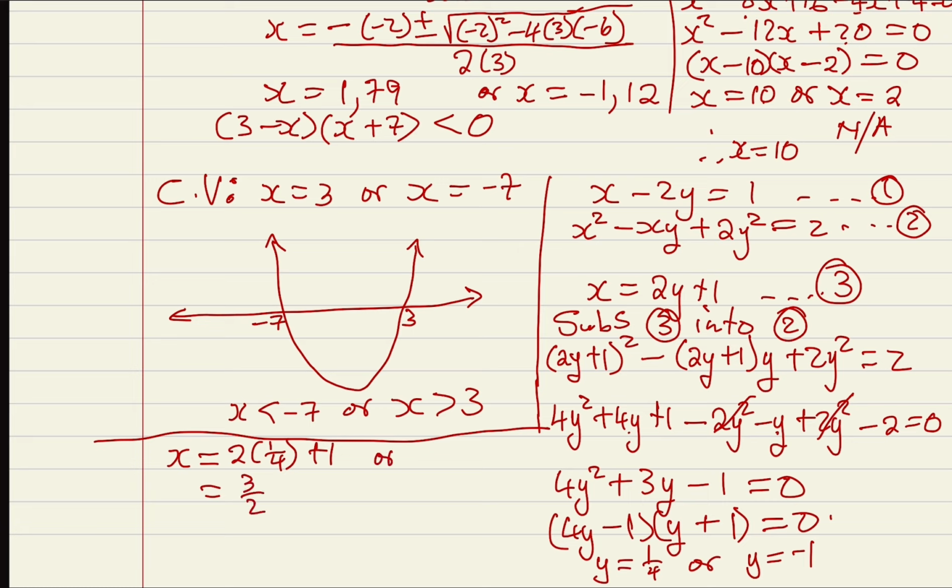Or you will have x is equal to 2 into negative 1 plus 1. This is equal to negative 1. That is how you solve for such problems, okay? That was your simultaneous equation.